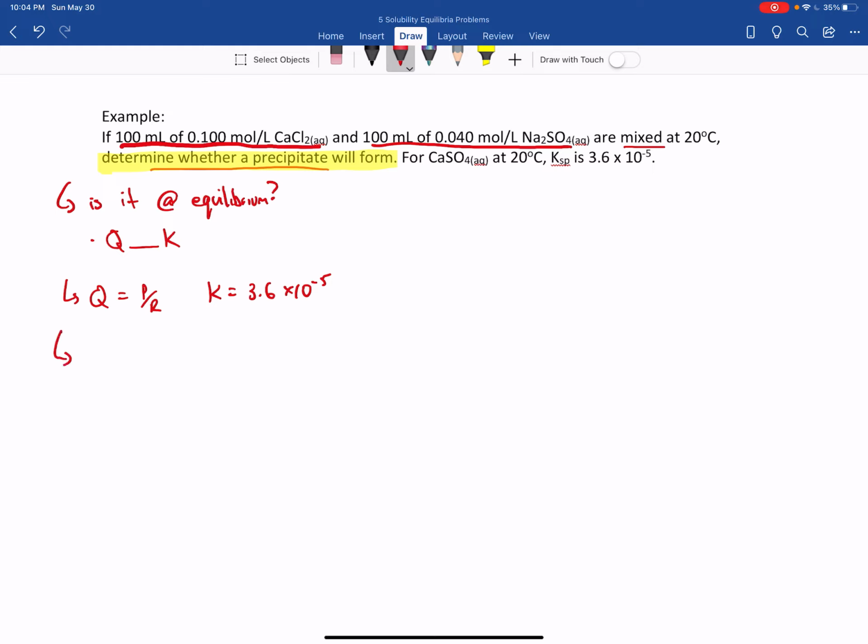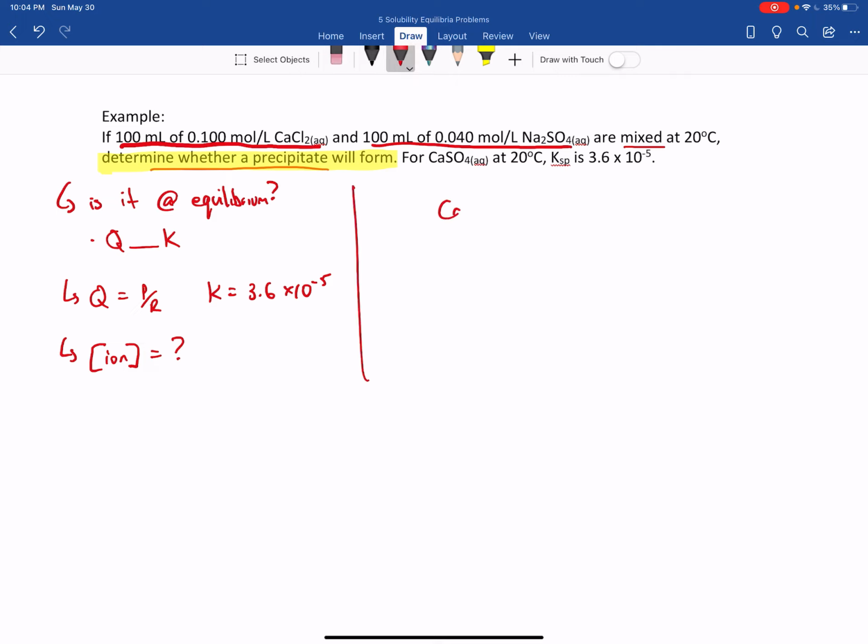To determine Q, the products and the reactants, we need a reaction and an equilibrium. But before that, what we need are ion concentrations in this case. They don't need to be at equilibrium because we don't know if it is. Once we have the ion concentrations, we can solve that. To determine the ion concentrations, we need to write a reaction. So we'll start off with that over here.